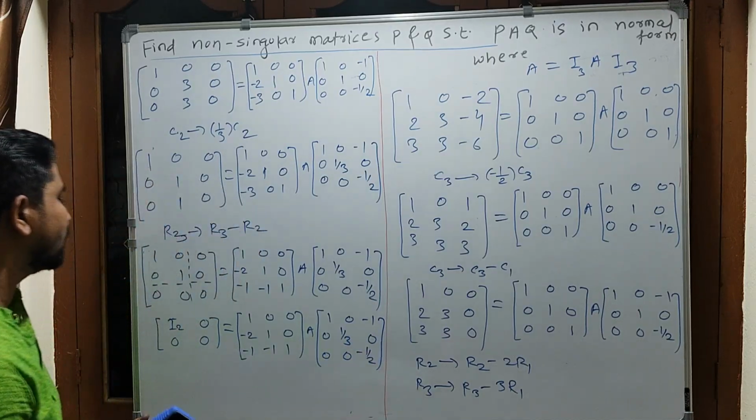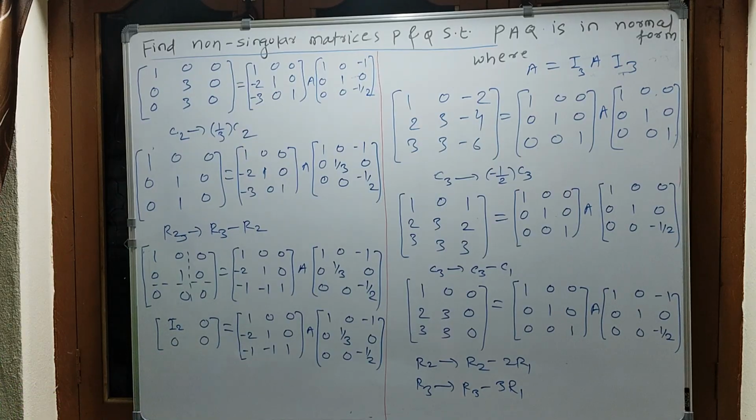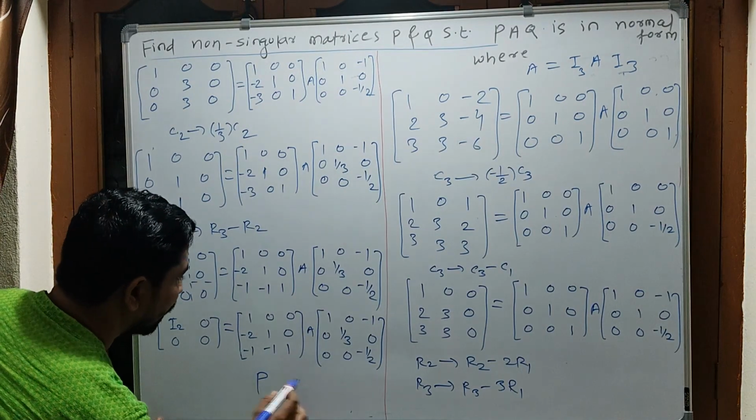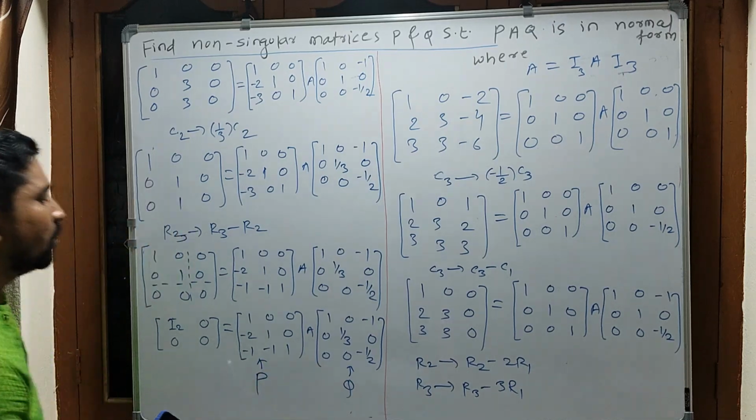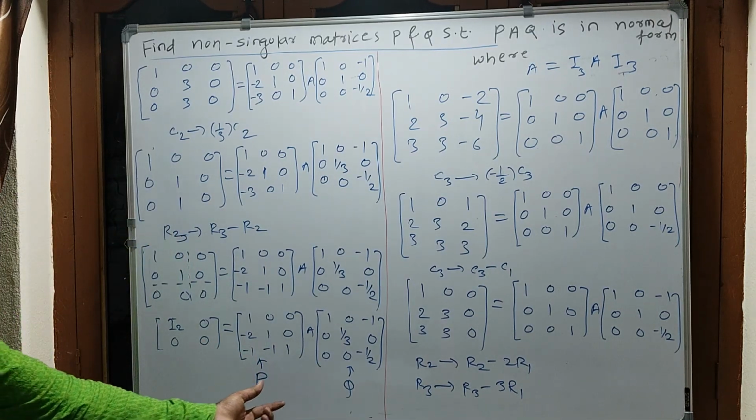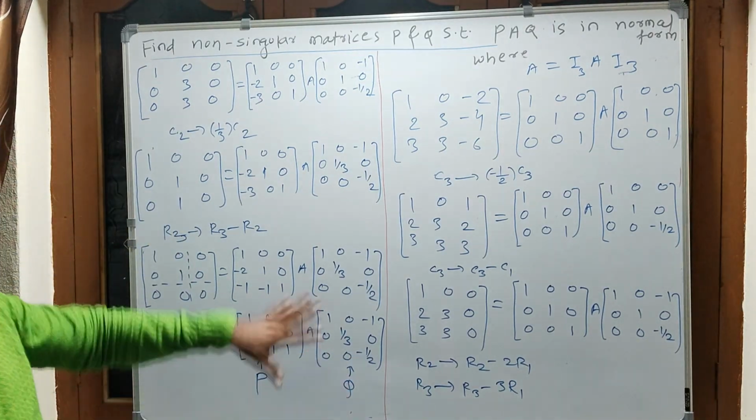Now this matrix is in normal form. Here this is my P, and this is my Q. You can check these two matrices are non-singular, and this is my P and this is my Q.